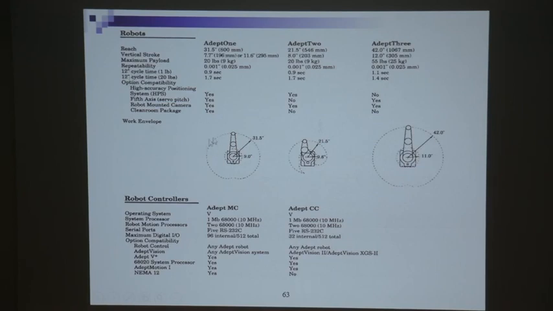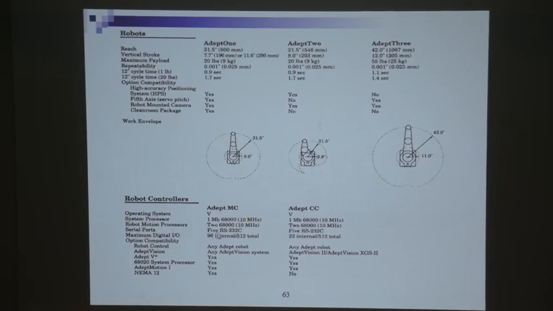This is the work envelope. And then this is the robot controller associated with it. This is an old system, so they have an old CPU, an old microcontroller. This is a Motorola 68000 CPU, which runs at 10 megahertz. Now your computer's CPU is easily running at 1 gigahertz.